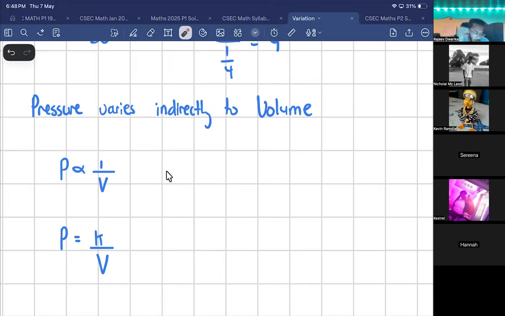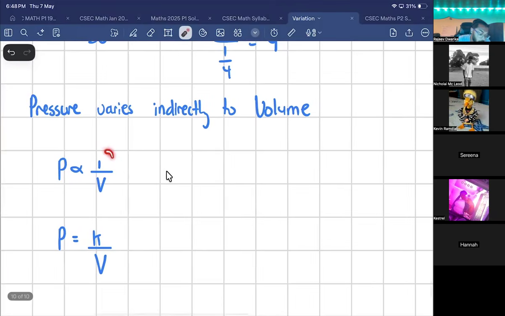No, sir. However, pressure and 1 over volume would be proportional. And this is the same concept for all inversely proportional relationships. You're right that one thing is proportional to the reciprocal of the other thing. And then you introduce a constant of proportionality.